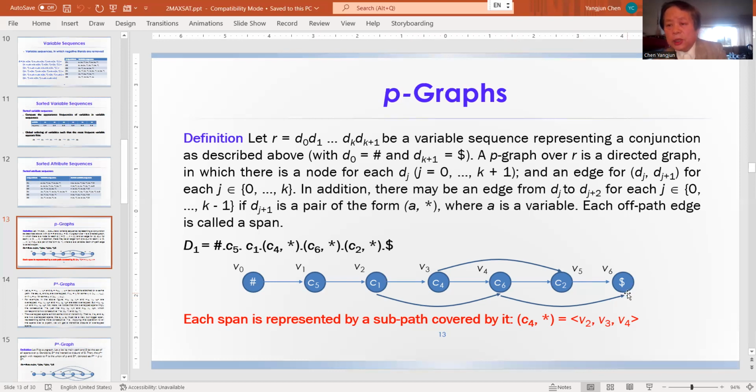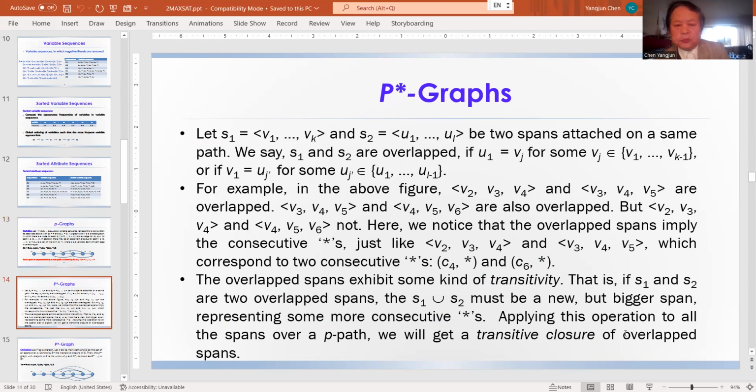But you should notice that this spine is connected to this spine, but they are not overlapped. Here we can see that the union of 2 overlapped spines makes a new, bigger spine which covers 2 consecutive star notations. Then you can see that the overlapped spines exhibit some kind of transitivity.